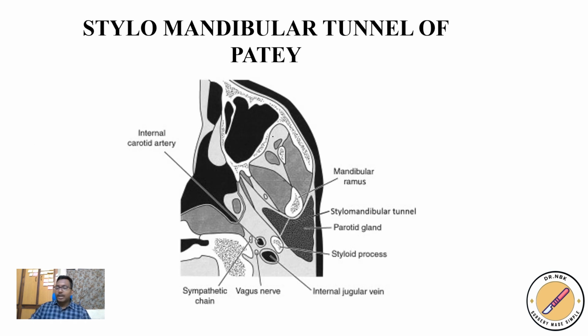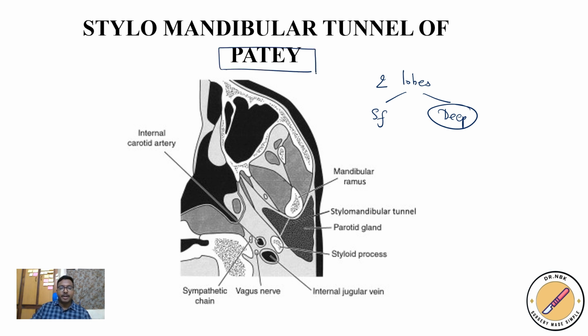We know that the parotid gland has two lobes, one superficial and the second deep. The deep lobe is located in a very specific and unnamed site called the Stylomandibular Tunnel of Pate. Pate is the scientist's name. It is the space between the styloid process and the mandibular ramus.